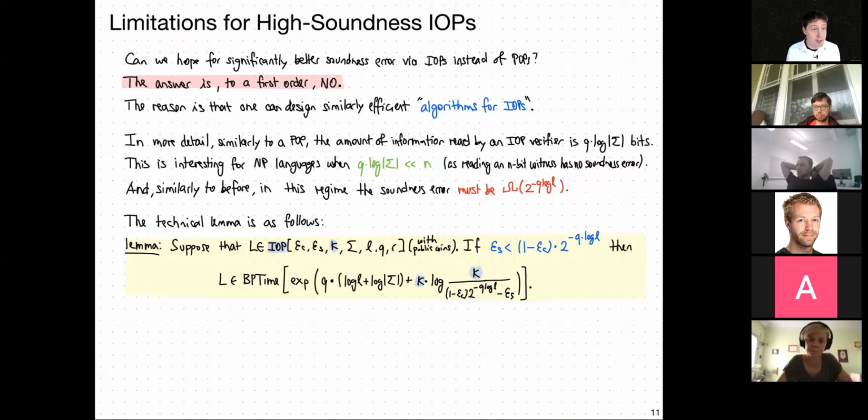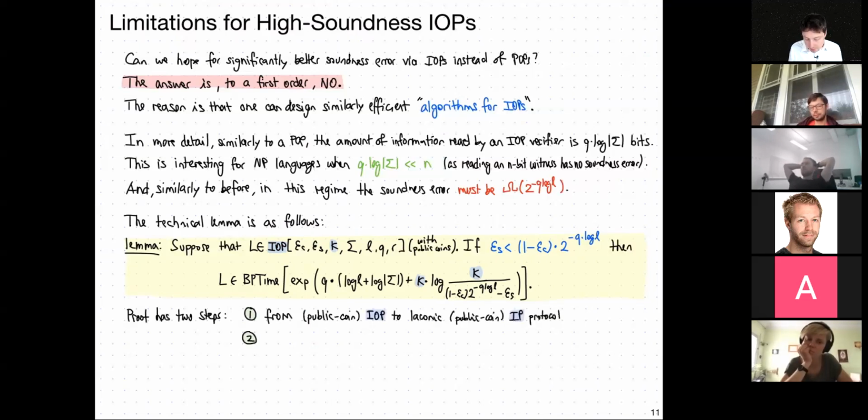And curiously, historically, this was discovered first, and then in hindsight the other one for PCPs was understood. It's kind of curious that the general result for PCPs came up only when people started asking questions about IOPs. Maybe a strange historical anachronism.